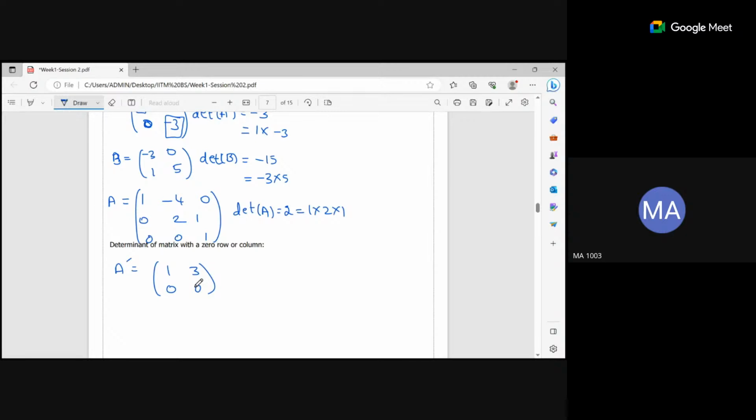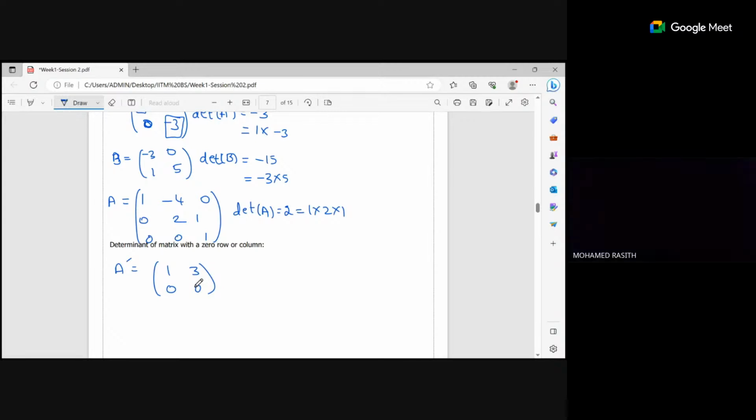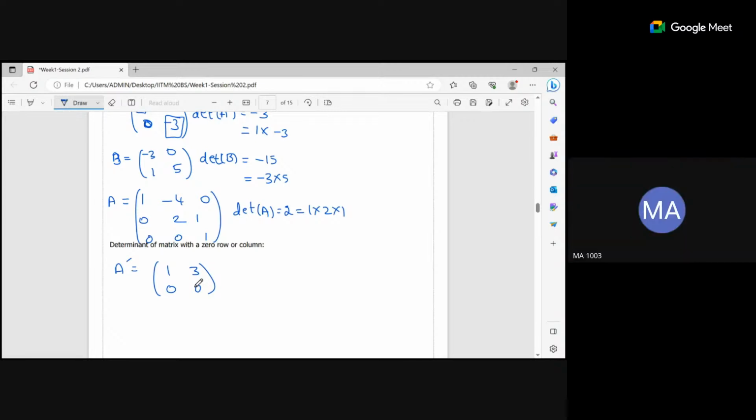What will be the determinant? Zero. So irrespective of the size, if you take any square matrix where one of the rows or columns is completely 0, then the determinant is always 0. Alright? Okay.